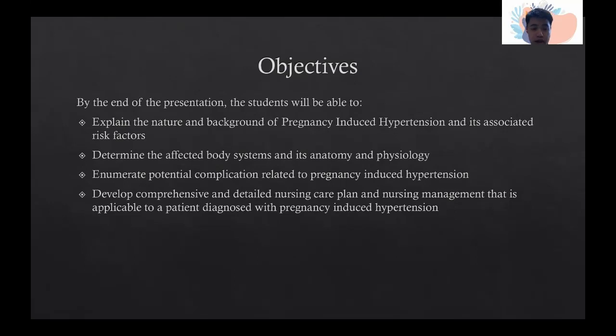And our last objective will be develop comprehensive and detailed nursing care plan and nursing management that is applicable to a patient diagnosed with pregnancy-induced hypertension. So that would be our objective, and I hope that we can follow along and meet our objectives for this presentation.